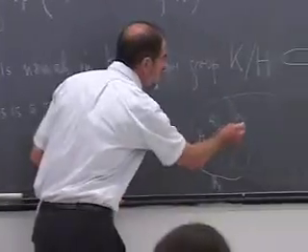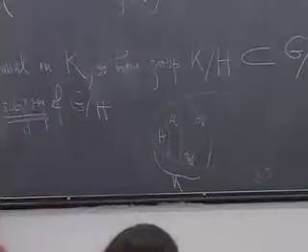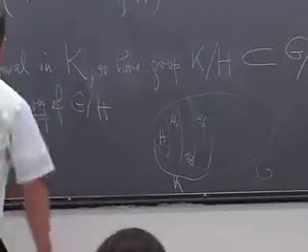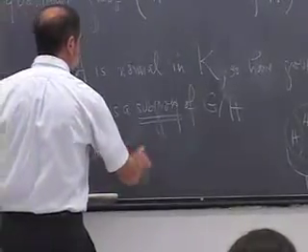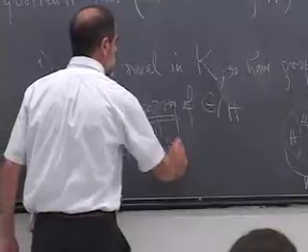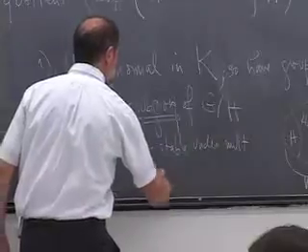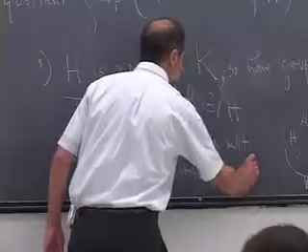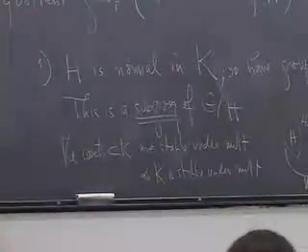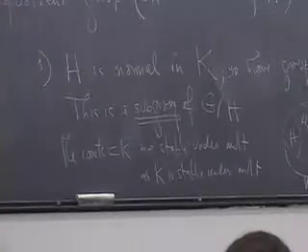Because if I take two elements in K, a and b, and I multiply them, I get a new element in K. That's because K is a subgroup. The cosets contained in K are stable under multiplication as K is stable under multiplication. So if I have a group K containing H, then in the quotient group G mod H, I get the subgroup K mod H.